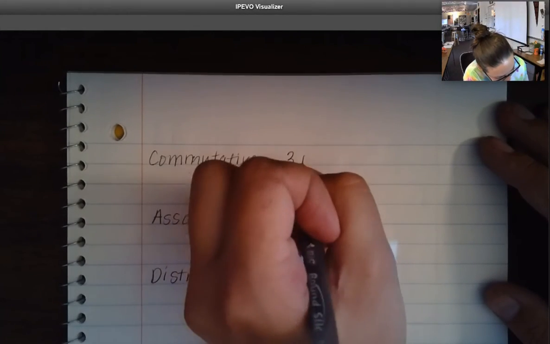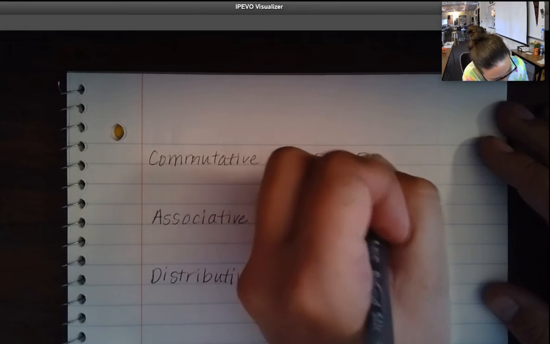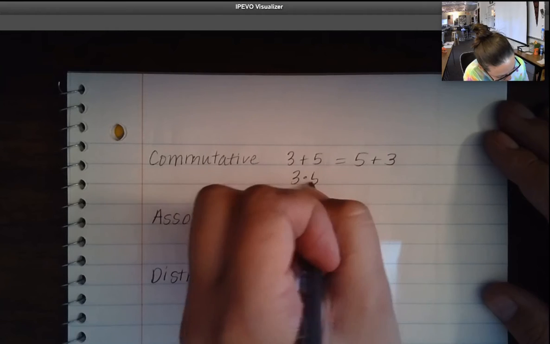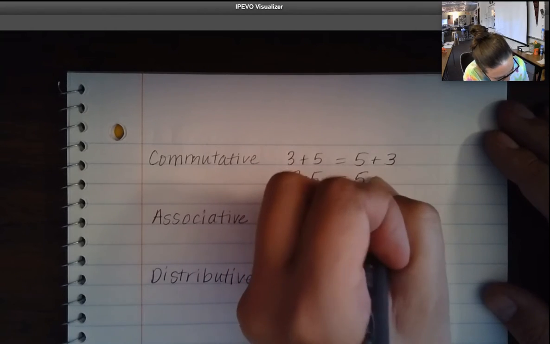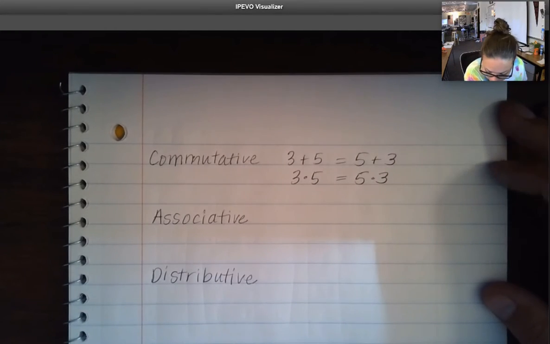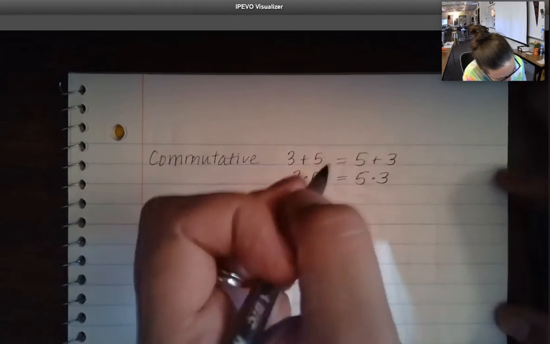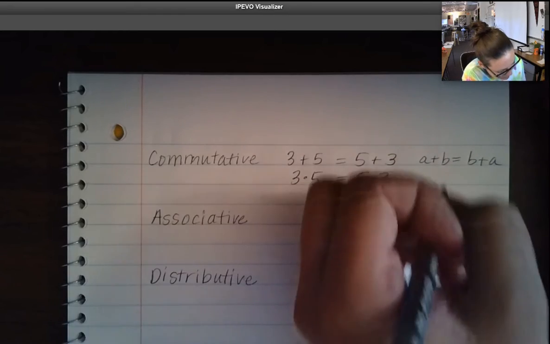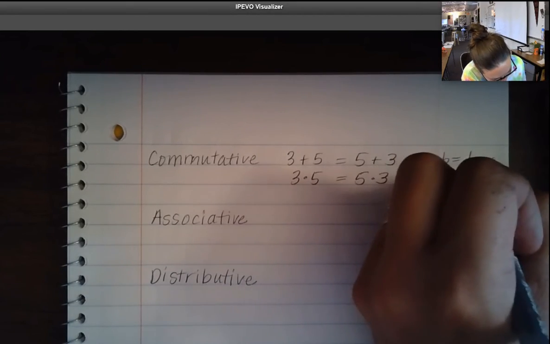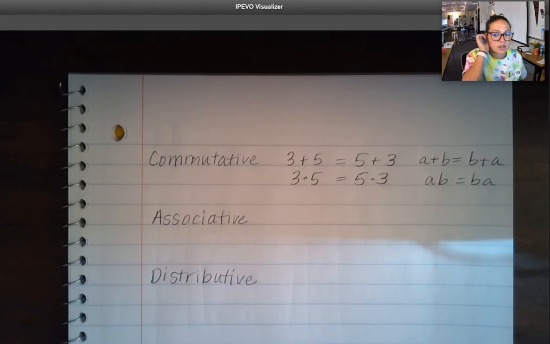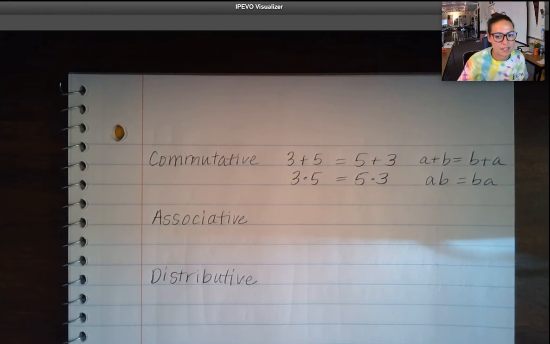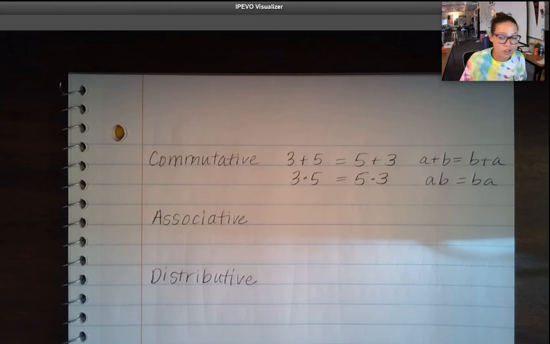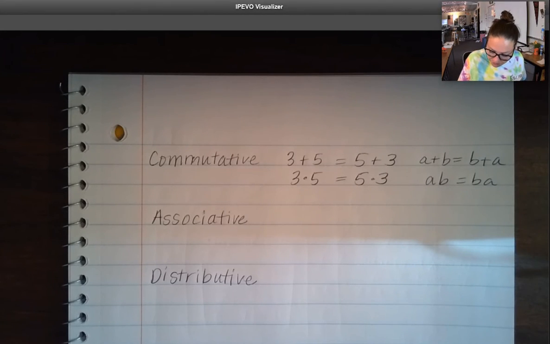So for example, 3 plus 5 equals 5 plus 3. And in the same way, 3 times 5 equals 5 times 3. Or in general, A plus B equals B plus A, and A times B equals B times A. That's what the commutative property says. It means that I can switch back and forth for addition and multiplication.